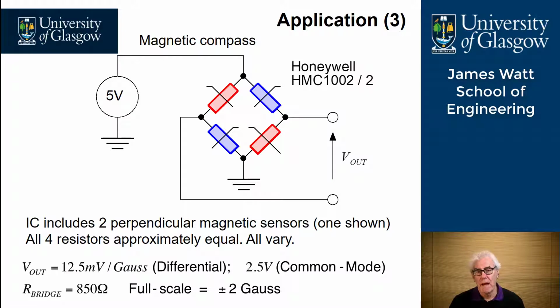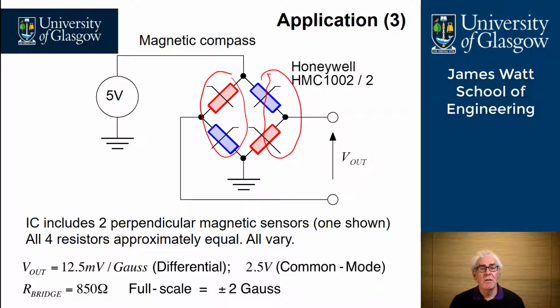Let's look at another example, and here we have a magnetic compass chip. It's a Honeywell HMC 1002 and it's set up as a Wheatstone bridge. In this case here, we have with 0 Gauss or no magnetic influence, these 2 resistors here equal these 2 resistors here, and all 4 resistors will be equal with no magnetic field.